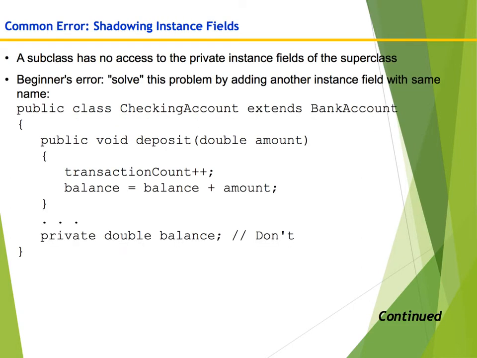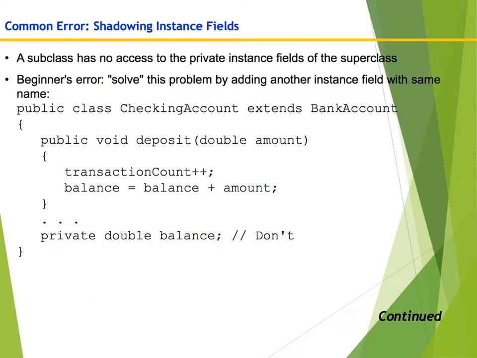A common mistake that beginners make when dealing with inheritance in Java is that they solve the problem of accessing the superclass's private fields by creating one inside the subclass.